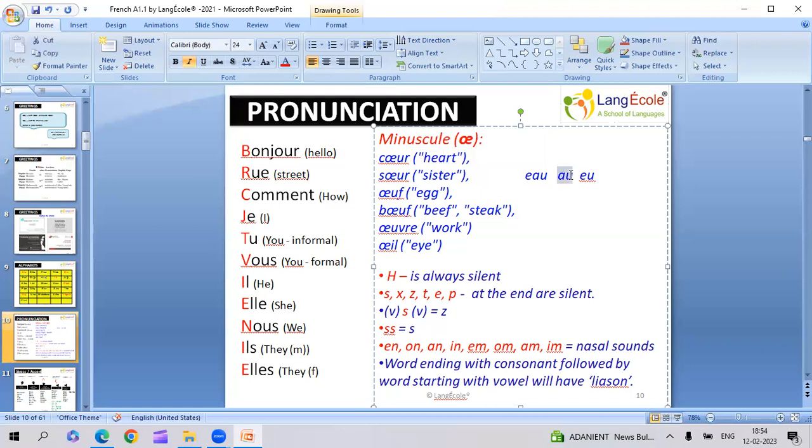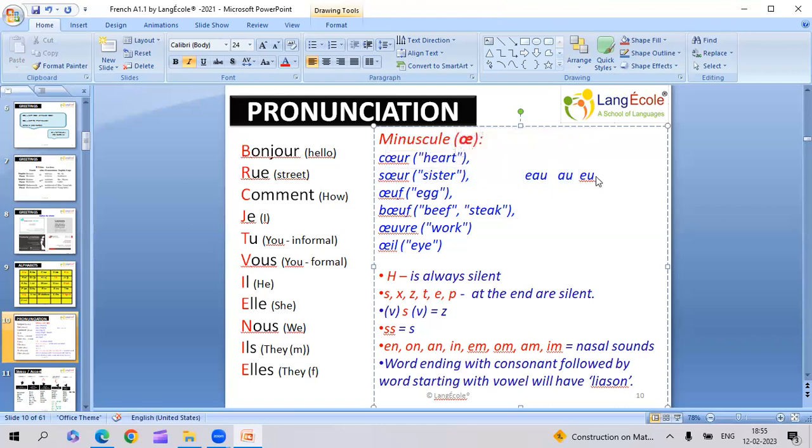So these two, A and U, together get pronounced as O. And here E and U will be pronounced as this one. This you'll find less, but this is pronounced as this. And EAU will be pronounced as O again.